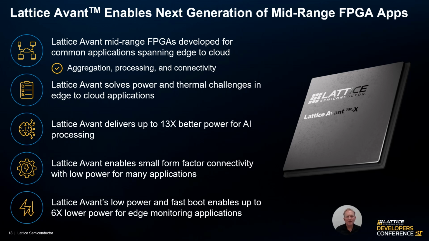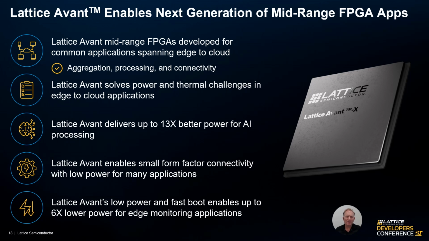We then took a look at SFP plus pluggable modules as a very typical example of some of the power and space constraints that we often see in edge connectivity. And we showed how the Avant product, the G30, can meet both the tight form factor constraints and the thermals needed in that application.